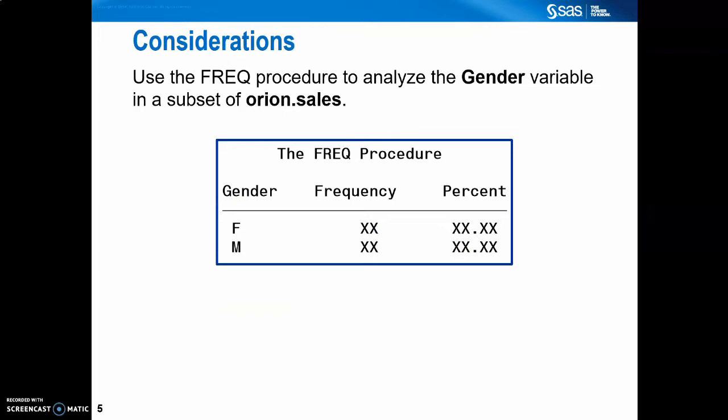Our consideration in order to produce the statistic that management wants is that we are going to use the FREQ procedure to analyze the gender variable in a subset of Orion.sales. So this is the expected table that we are going to produce.